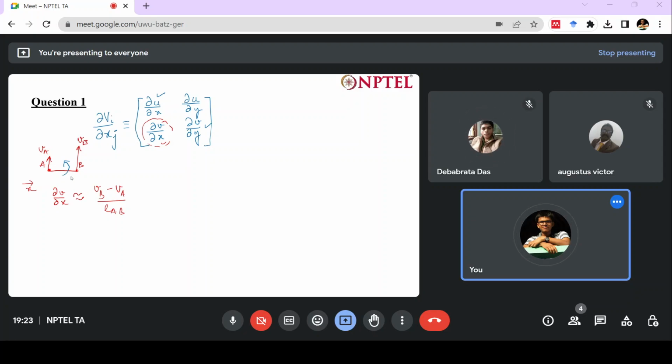For a similar element oriented in the y direction, here also we will have u directional velocities, let's say UA and UB. So this is now oriented in the y direction. If I try to compute this, it is now minus UA divided by the length AB, which is this horizontal line. What is this trying to convey?